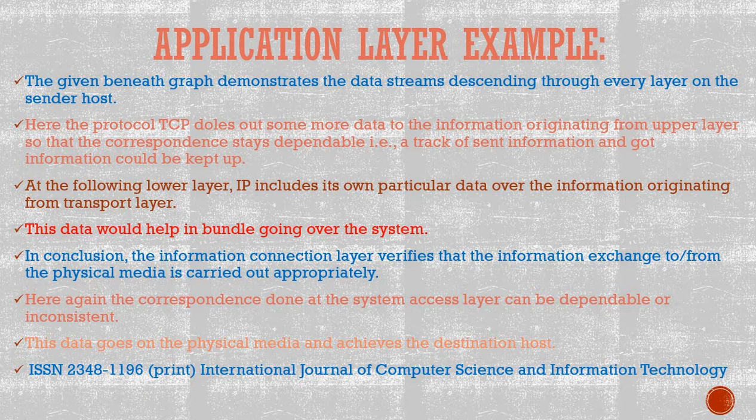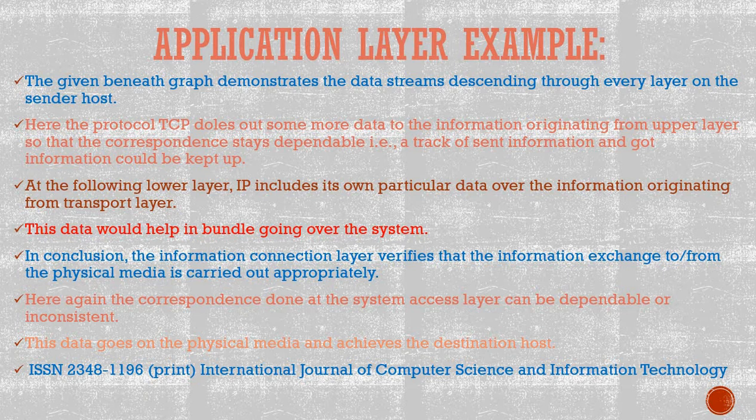Now there are certain examples of the application layer. It gives a graphical demonstration of the data stream descending through every layer on the sender host. After that, the track of the information sent and received could be kept up by the TCP protocol. IP also includes the information originating from the transport layer.